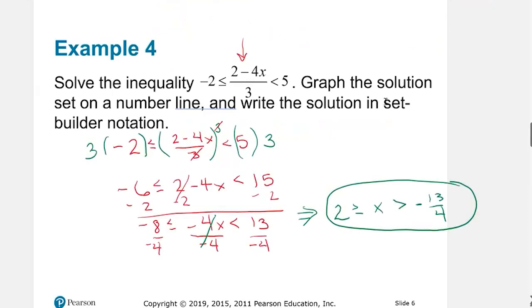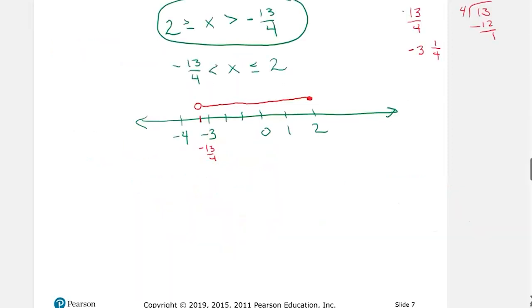And then it says, write the solution in set builder notation. So set builder notation is the one where we're building a set. Remember, first off, I have my curly braces, which means set of all x such that x, and basically we're just going to write this part right here.